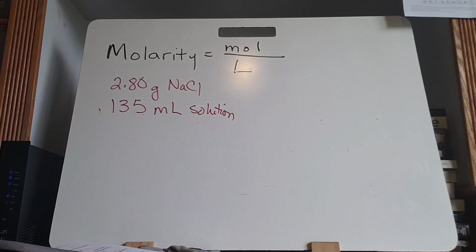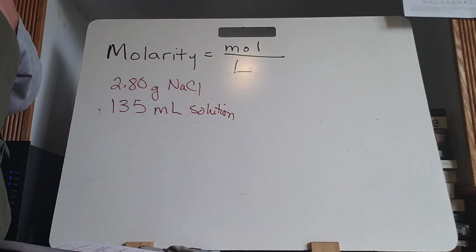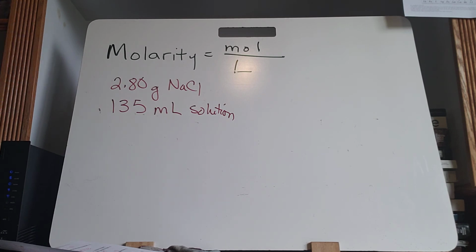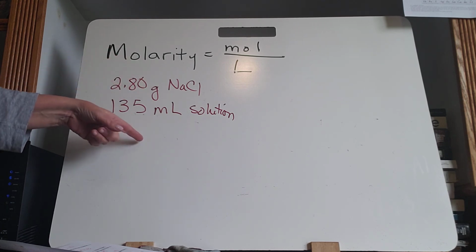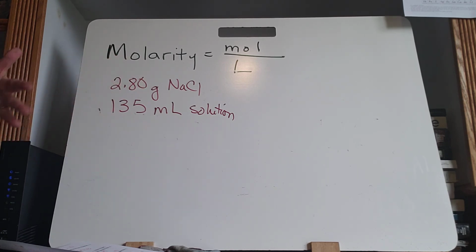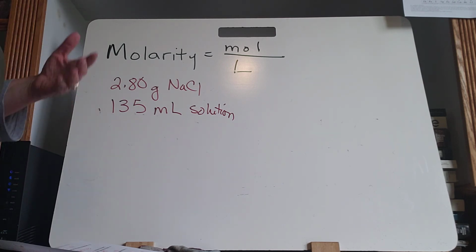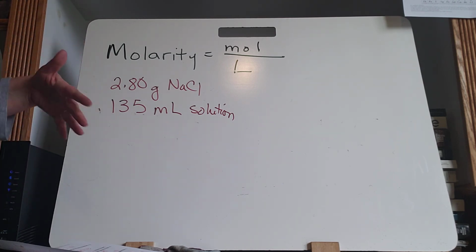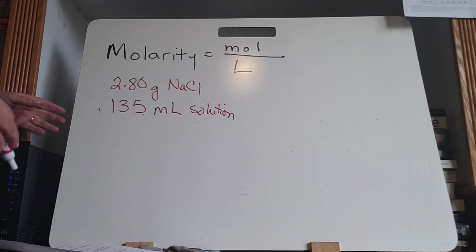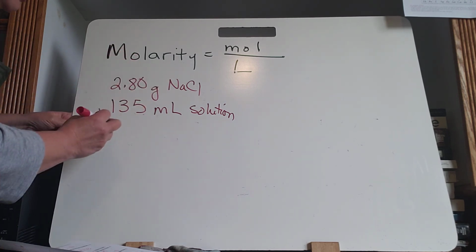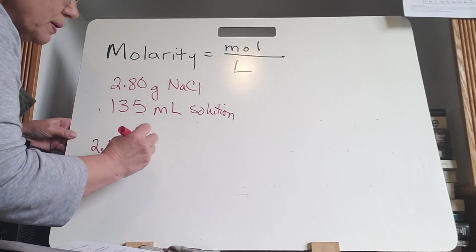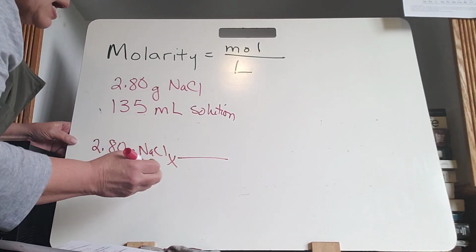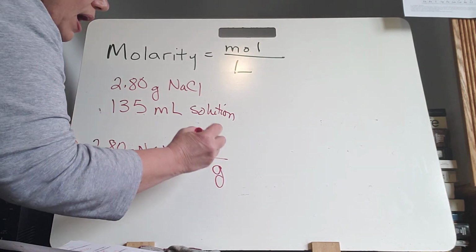So again, they're asking me for molarity. I need moles and liters, but they gave me grams and milliliters. So most every single problem you do, whether it's on OWL, this worksheet, or on the exit ticket, you're going to be converting. So the first thing we need to do is convert our grams to moles. 2.80 grams sodium chloride times our fraction.